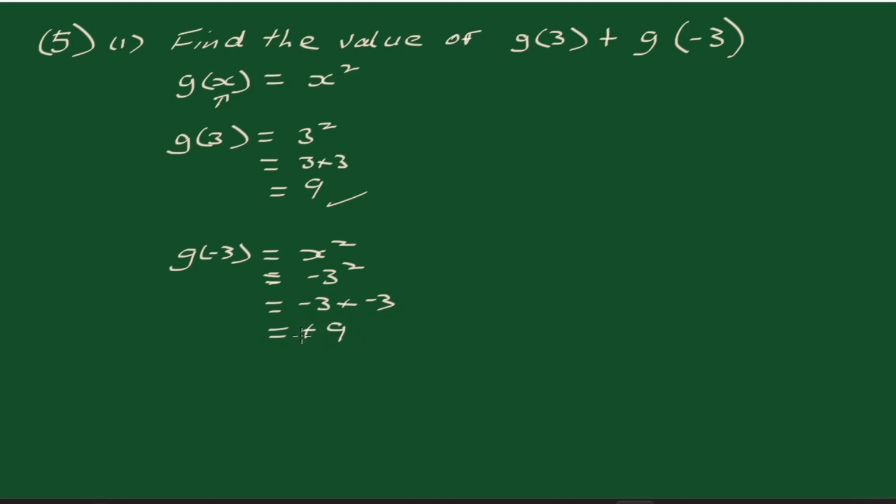Now we need to answer the question g(3) plus g(-3), equal 9 plus 9, which is equal to 18. And your final answer for this question is 18. So it's a simple question that with enough practice, it should be easy for you to handle.